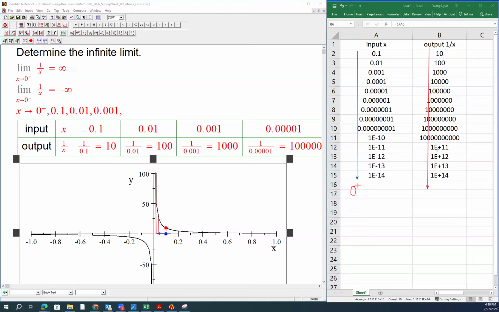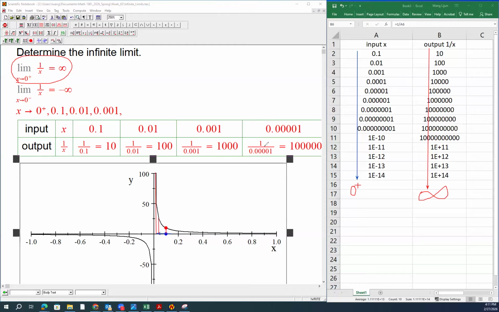You can never stop at any large number. If you give me one large number, I can always find another input to make my output even larger. So that process we call positive infinity. So this expression basically expresses this dynamic process.